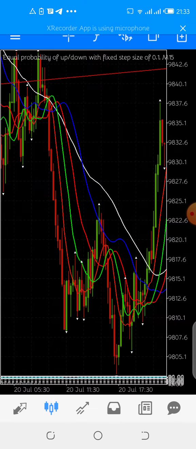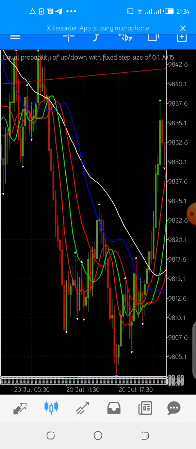I know even people who lose 70% and win 30%, but they still make huge money. Why? Their stop loss margin is always very small. So you can find yourself losing 5, 6, 7 trades, but the moment you get one winning trade, it will always give you back all your losses.